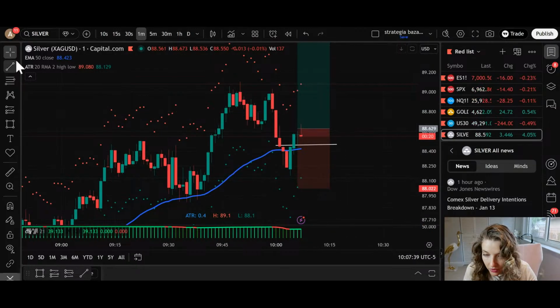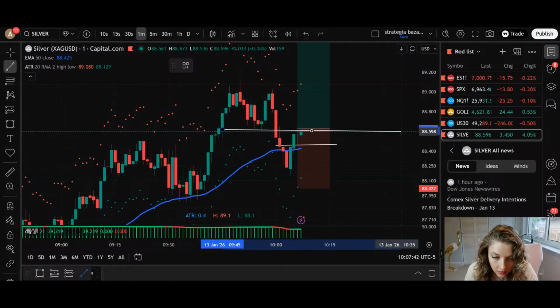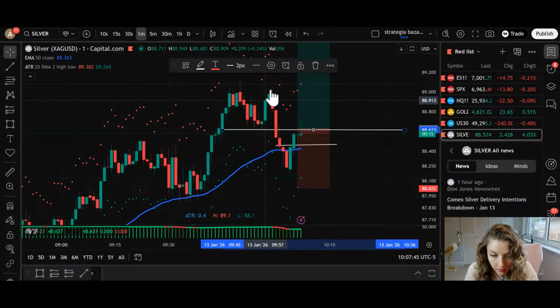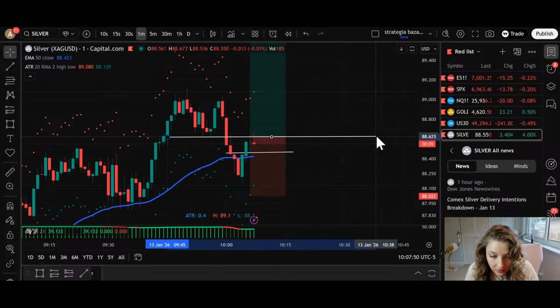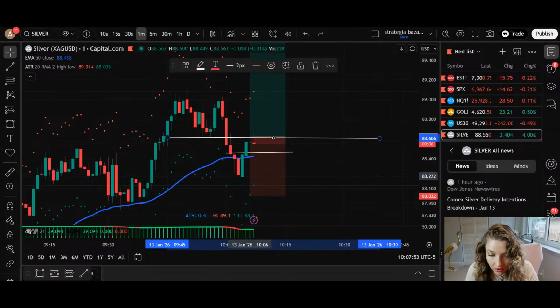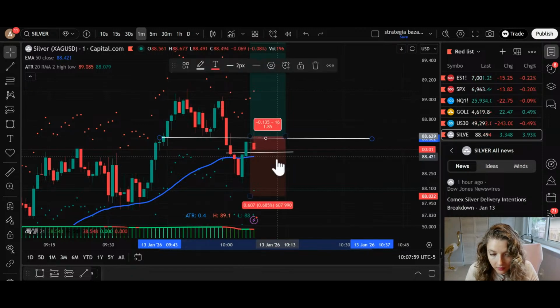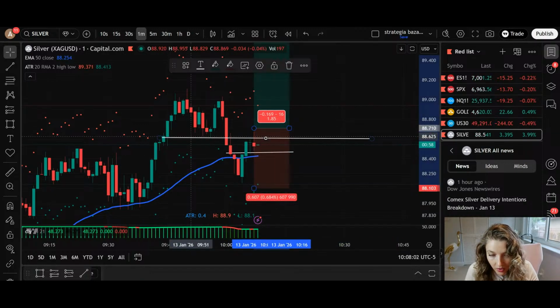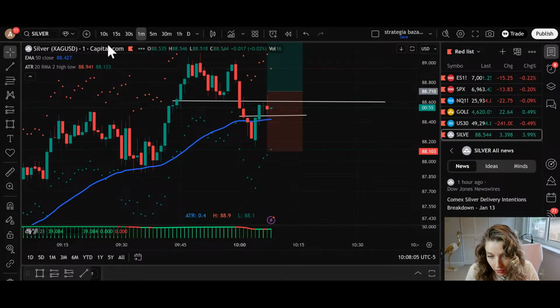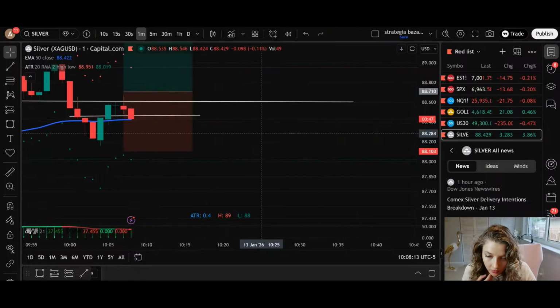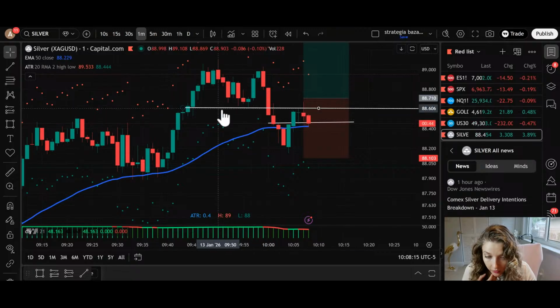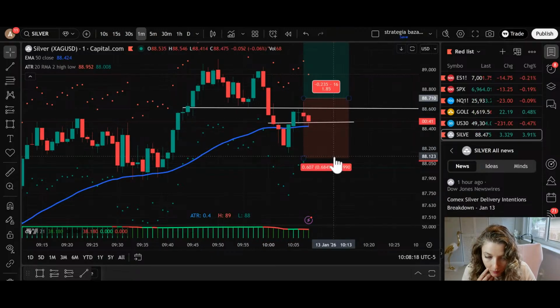But you know what? Don't go in yet, because I see here an M pattern, which are strong patterns. So wait, even though I had the rejection, wait for the break of the neck, the base of the M. If I go in long, I'll wait for the break of the base of the M. And for the short, not yet. You can go for the short after it breaks the EMA.